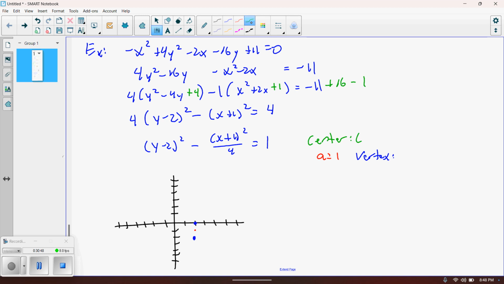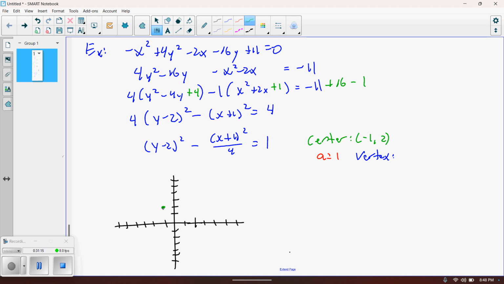It should be at -1, 2, because the x value is the x plus 1 part. So let's erase this because that's obviously not correct. All right, so -1, 2. Again, it is still going to open up or down. That's now our center.